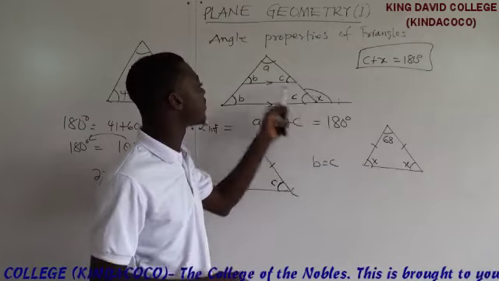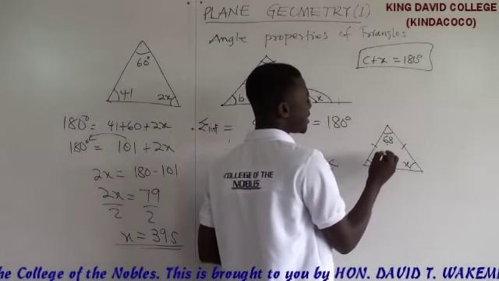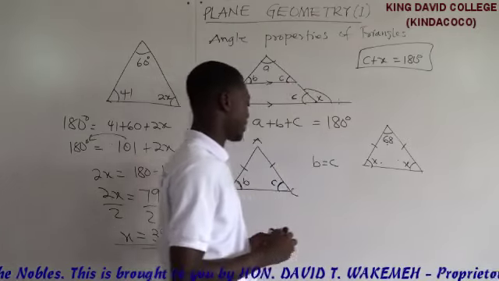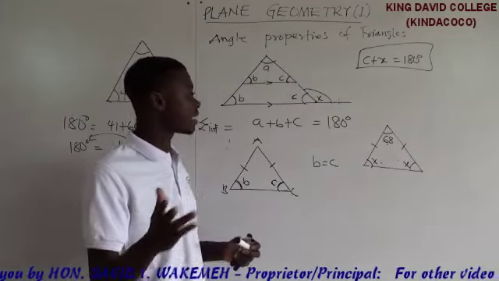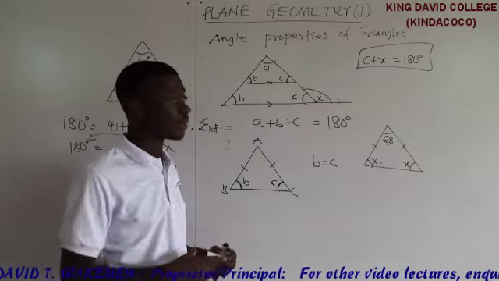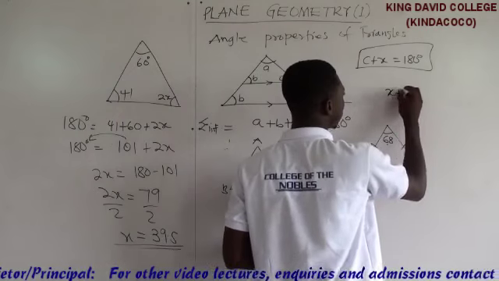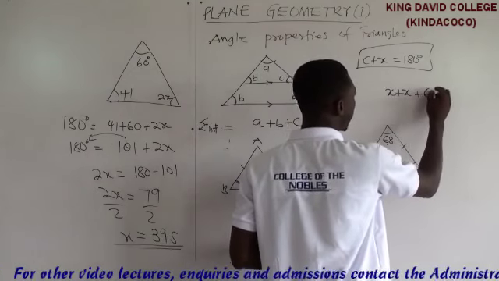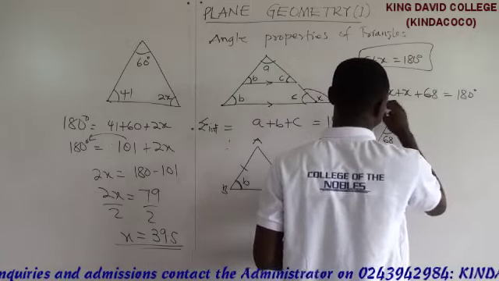And then we know that the total interior angles of this isosceles triangle should sum to 180. So x plus x plus 68 should give me 180 degrees.